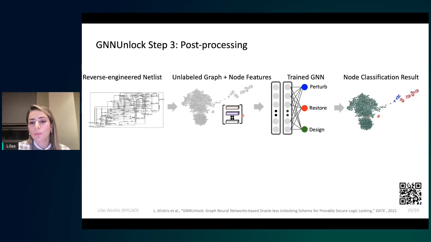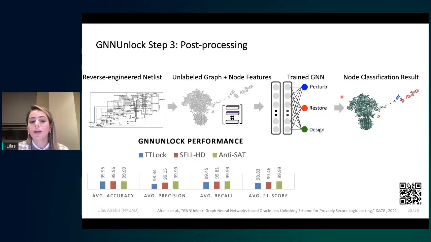And just to show you the performance of the GNN on its own, it performs extremely well. As you can see, I'm reporting the accuracy, precision, recall, F1 score, and it's always around 99%. So it is almost perfect. What we do to further enhance the results, we also implement a post-processing. So the GNN might do some minor misclassification in this case.